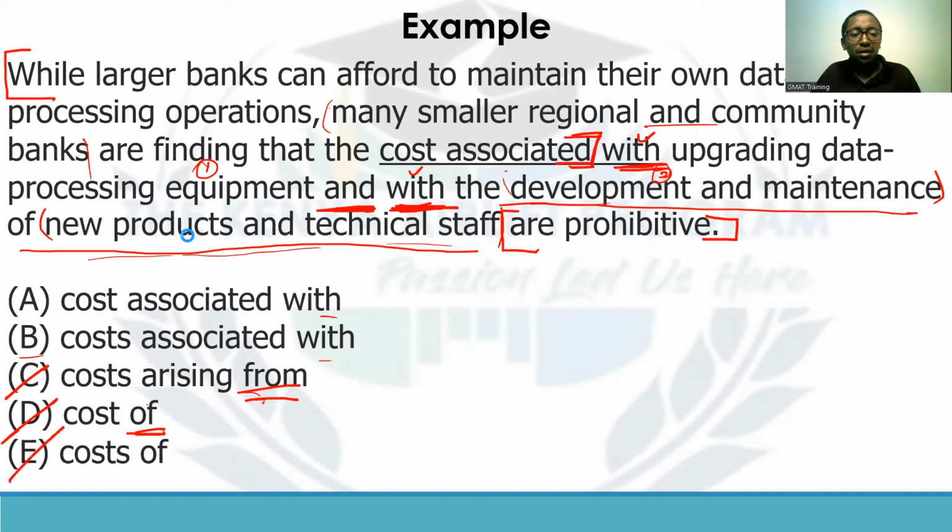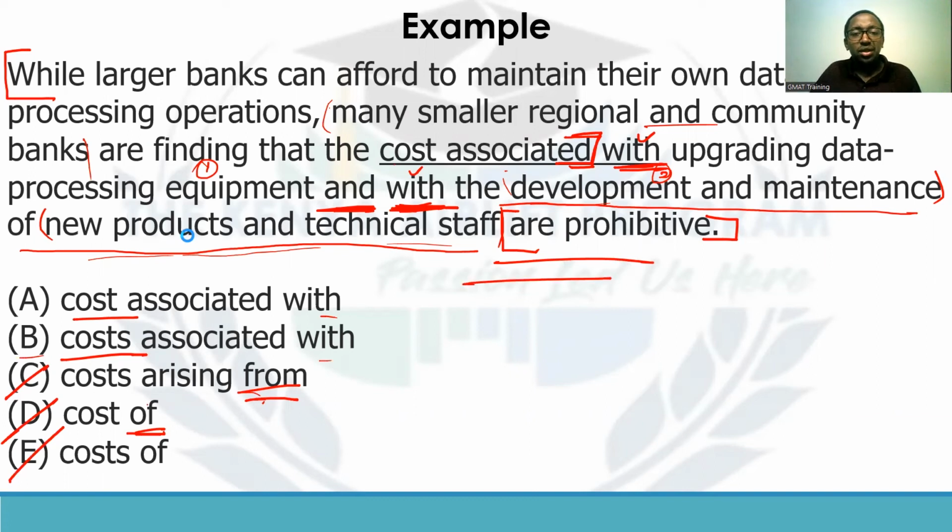Same thing with E. So we have 2 choices left here, and the only difference is this one is "cost", this one is "costs". So for now, we do not know which one is right, but in these cases, GMAT always gives a hint, because since we have identified our stem, you can now look beyond the underlined part to know which is the correct one. So you can see this part is not underlined.